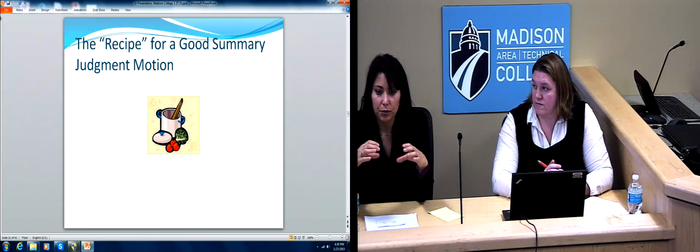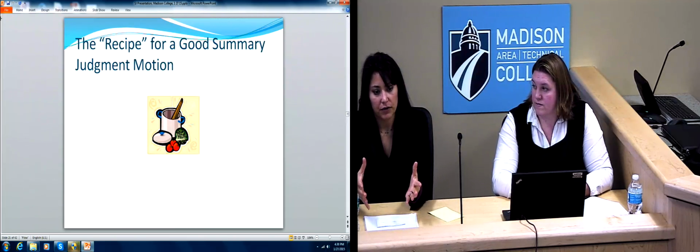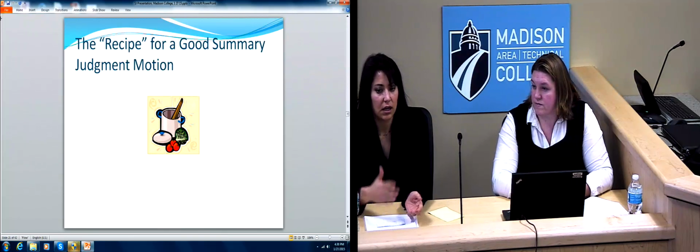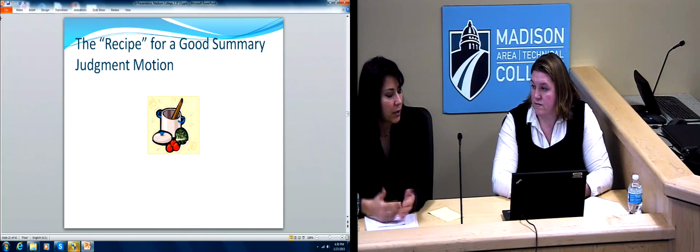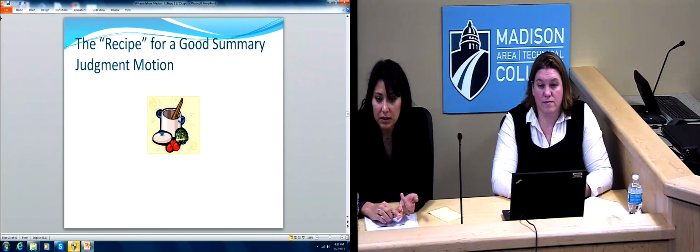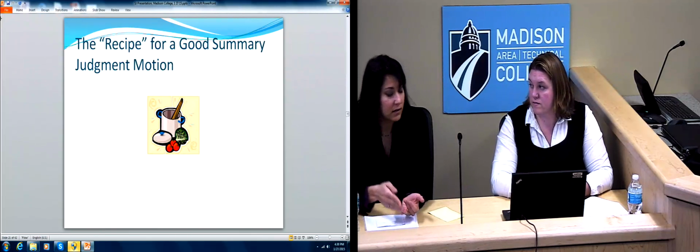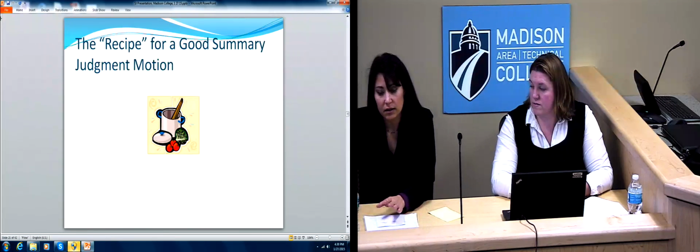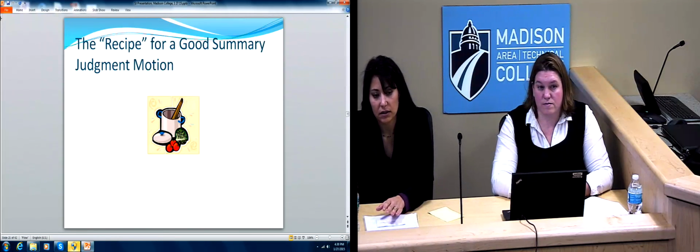And when I do a brief, each section of my brief is crafted around what the summary judgment standard is, constantly, maybe at least every other page, reminding the judge what the standard is. This fact is material and why. This may be a dispute, but this dispute is not material to the outcome because the plaintiff can't meet all of the elements of his or her claim.